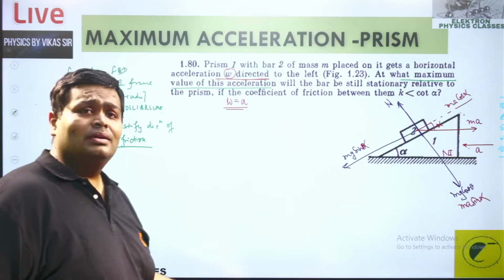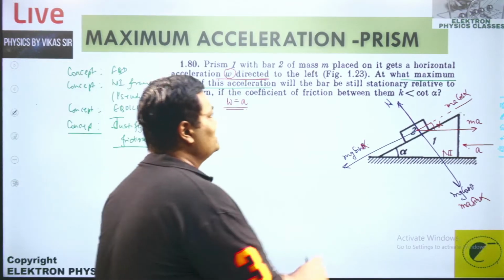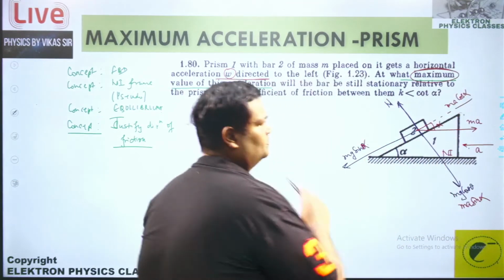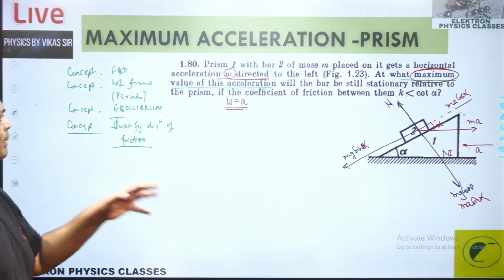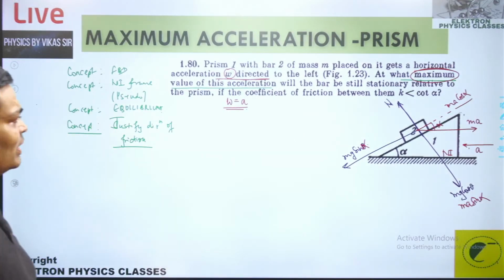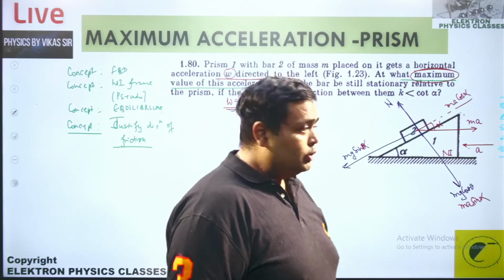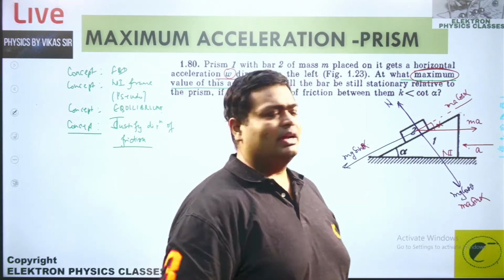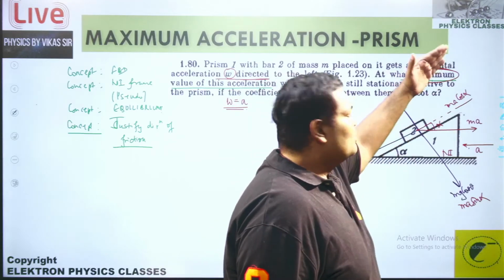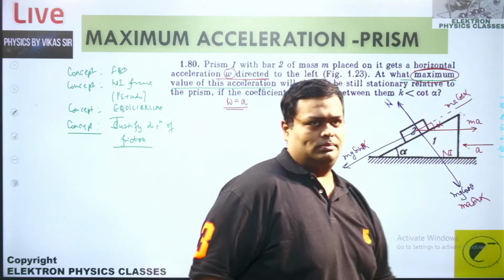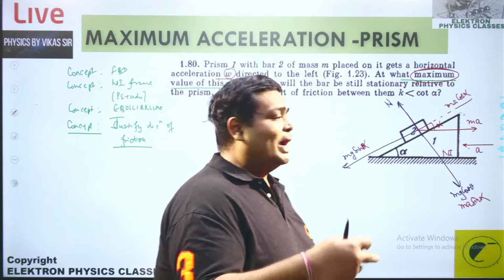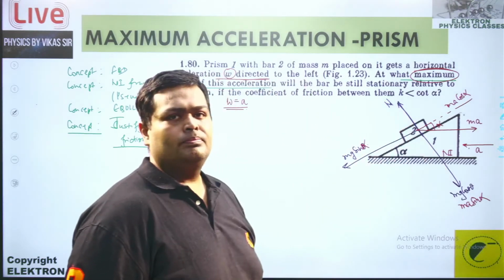Now comes the additional part: at what maximum value of the acceleration? What do you learn from it? Where is the friction? I don't know the direction, because the question says so. Justify it. See, if a is more, ma cos alpha will be more, and it might be more than mg sin alpha.